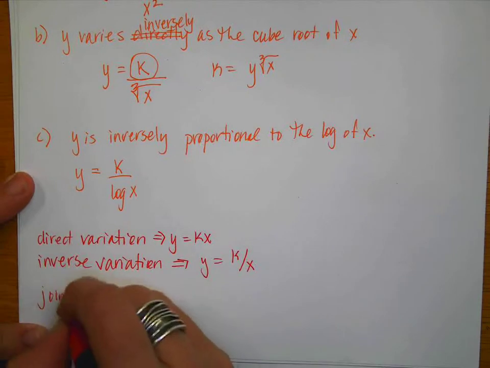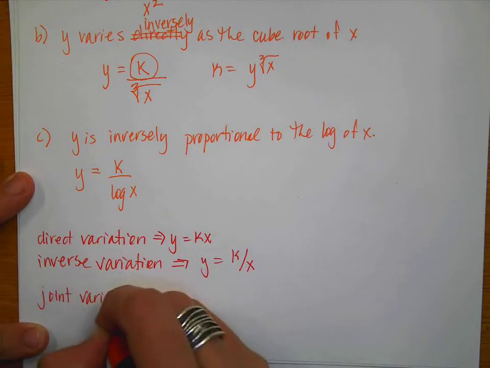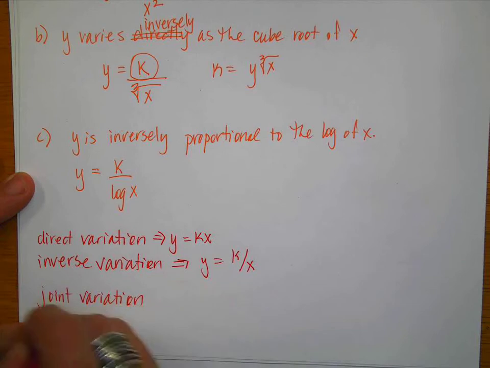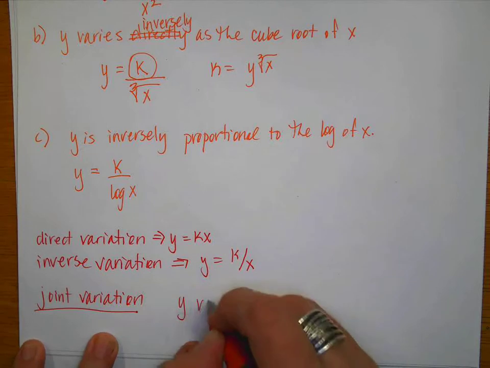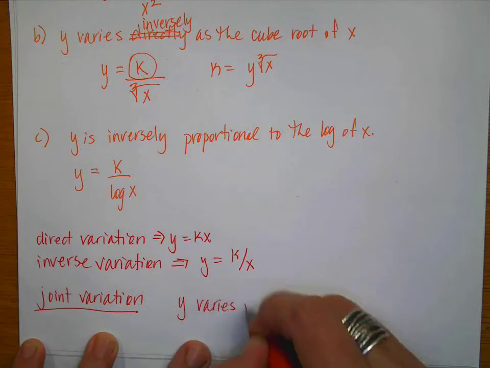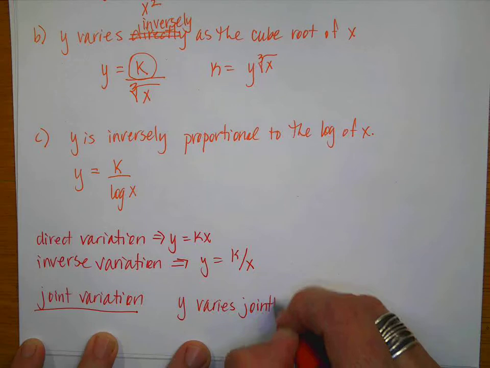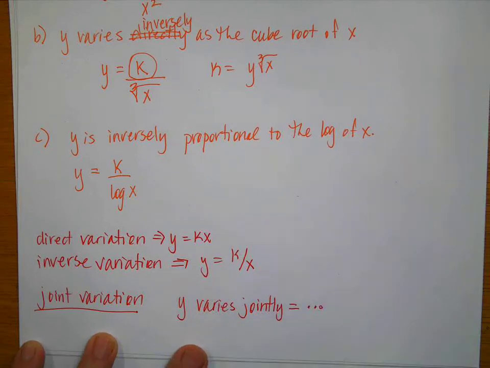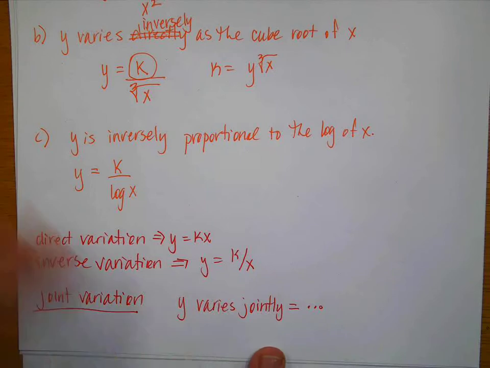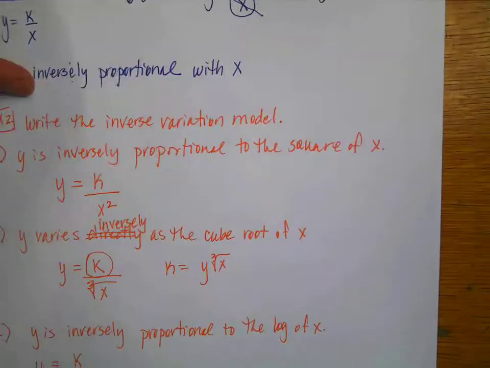The next one that we're going to talk about is joint variation. And that means that I can have all kinds of craziness going on. So the words might say y varies jointly, and then it would just keep going. And basically, it's a way of bringing in multiple variables.